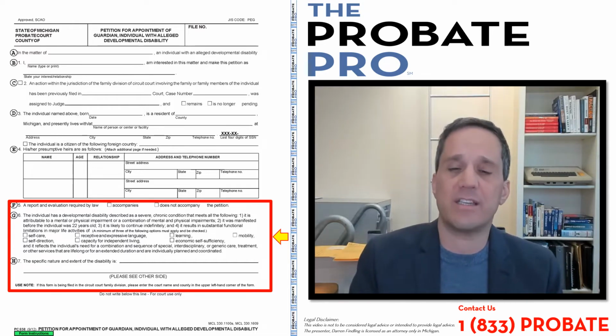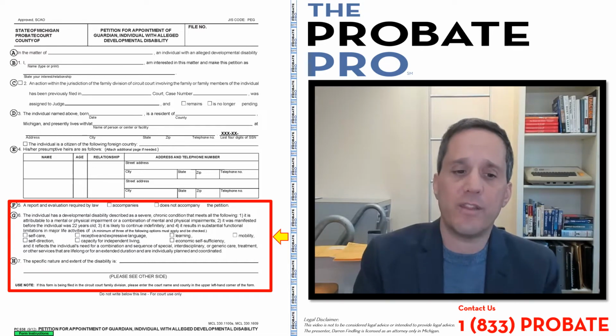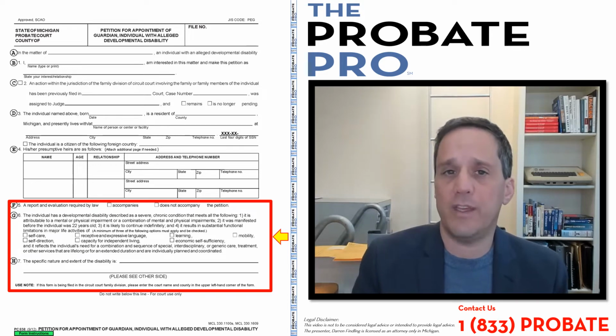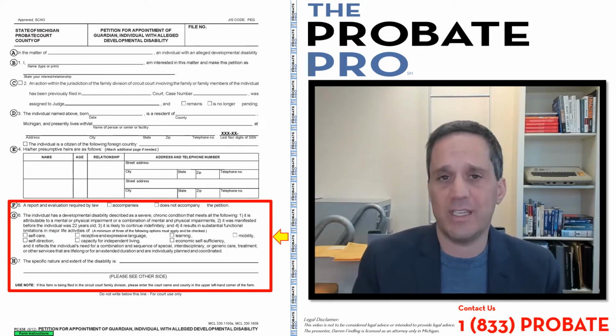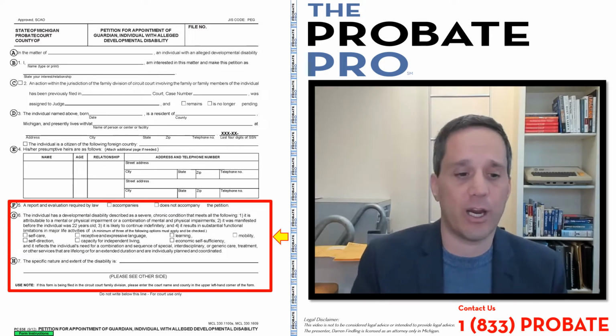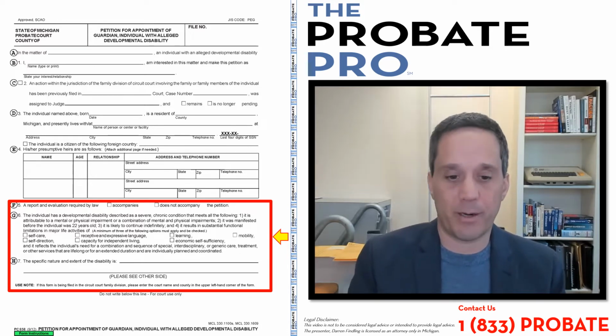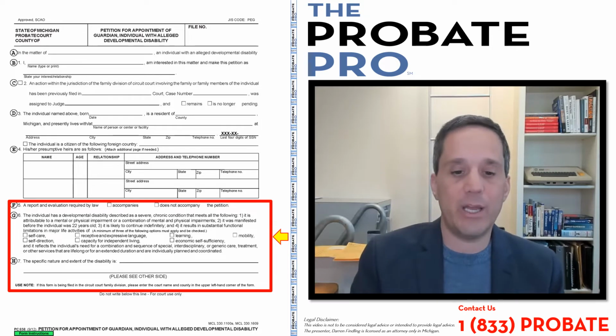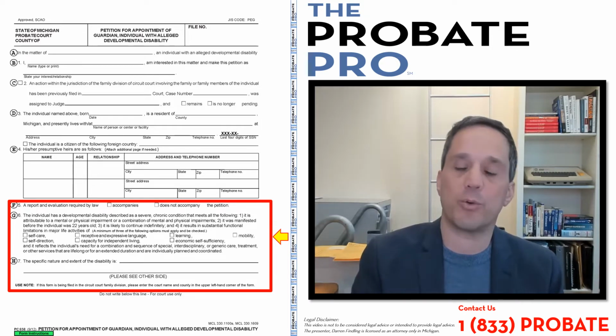Section G is the description of the bases for the establishment of the DD, Developmental Disability Guardianship. So Section 1, it says it is attributable to a mental or physical impairment or a combination of mental and physical impairments. And then 2, it was manifested before the individual was 22 years old.